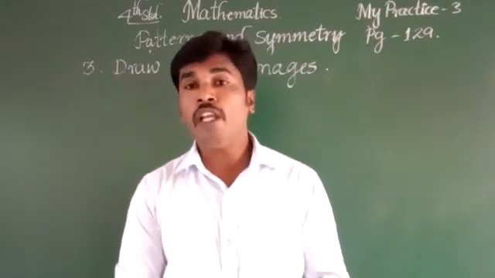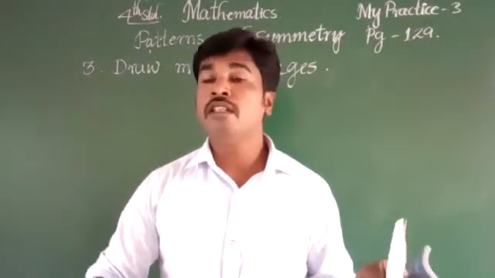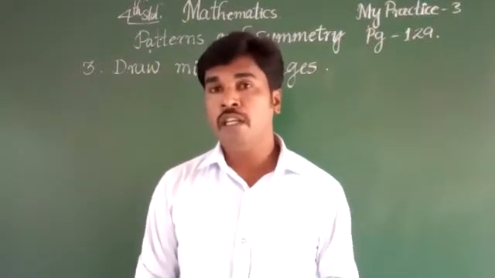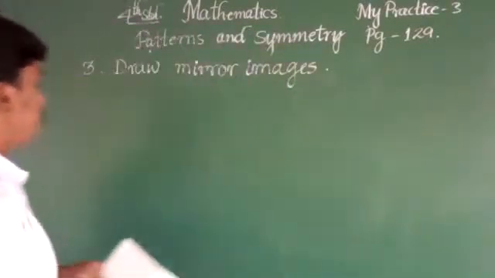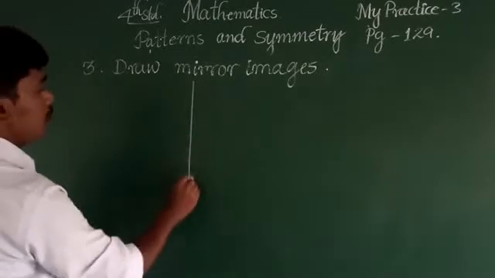When you hold your textbook in front of the mirror, you can see the image of the textbook. So what is the mirror image? You are going to draw it now. Here the shape is like this.